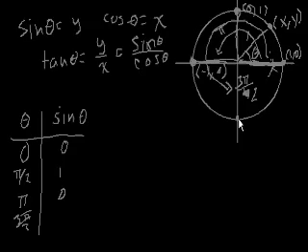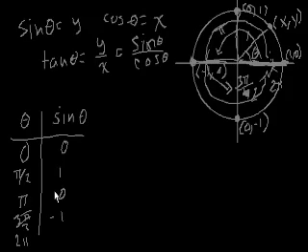Now we intersect the unit circle down here at the point 0, -1. So sine of theta is equal to -1. And if we go all the way around the circle to 2 pi radians, we're back at this point again, so sine of theta is 0 once again. Let's graph these points out, then we'll figure out what the points in between look like, and I'll show you what the graph of a sine function is.